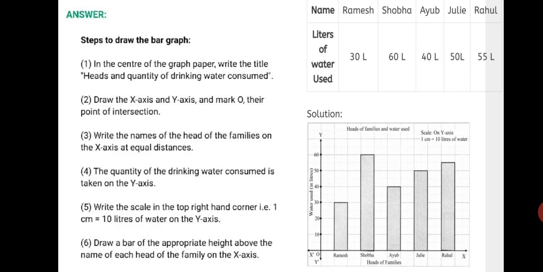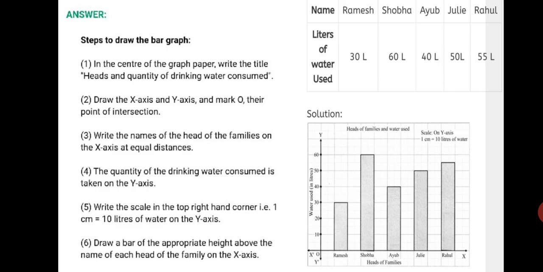So the scale is 10. We write 0 at the intersection of the x and y axis and we start 10, 20, 30, 40, 50, 60. Since 60 is the maximum number given in the question, we can stop at 60 or 70, wherever you want to stop. And you have to name the axes, x-axis and y-axis.